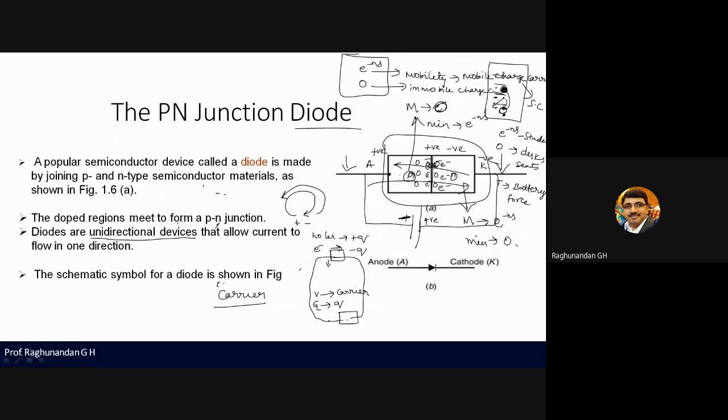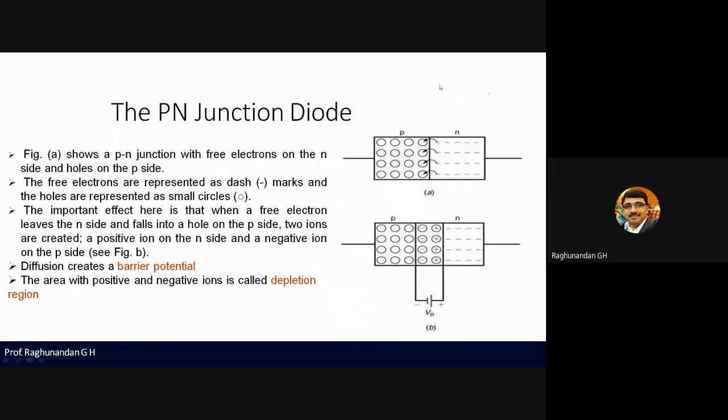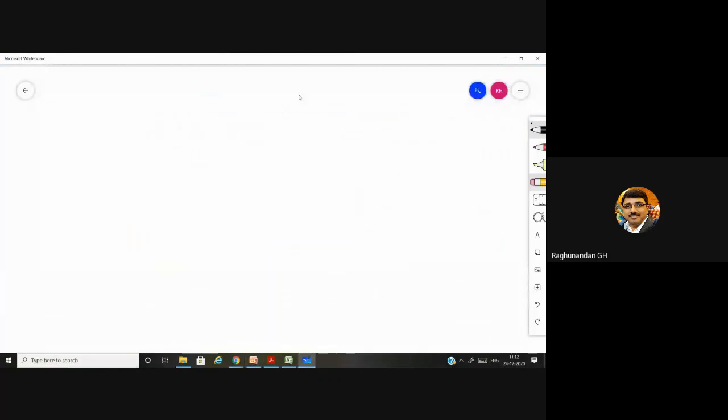Along with this, there are some more concepts that need to be understood. I was telling electrons as negative, holes as positive, right? So when you are talking with respect to the charge, this will be negative, this will be hole.